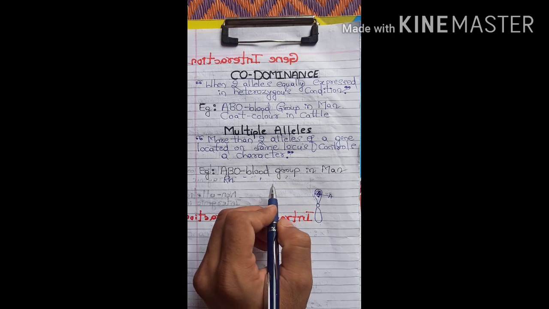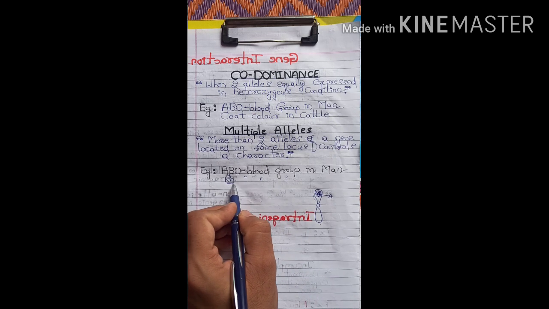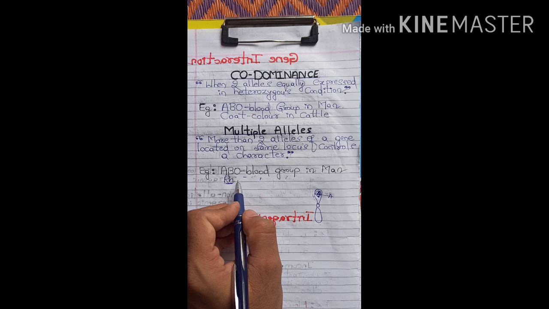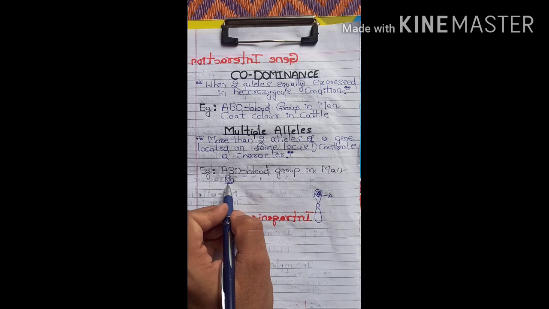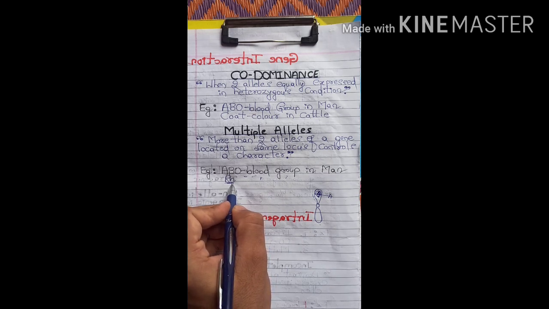What does positive indicate? Positive indicates the Rh factor, the Rh antigen. Whenever your blood group is asked, A positive or A negative, the positive or negative is nothing but the Rh factor. When the Rh factor is present, the blood group is positive. When the Rh factor is absent, it is referred to as negative.